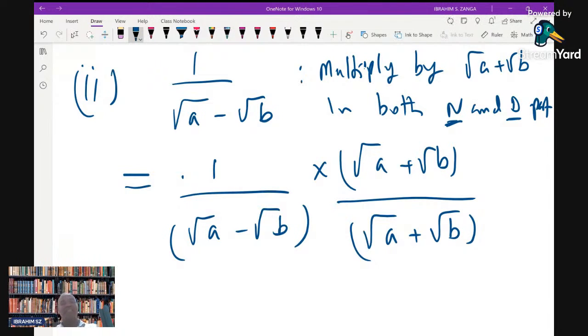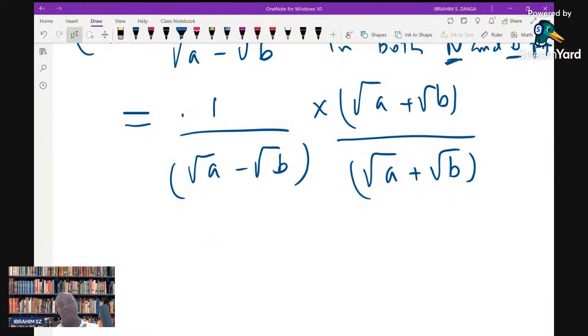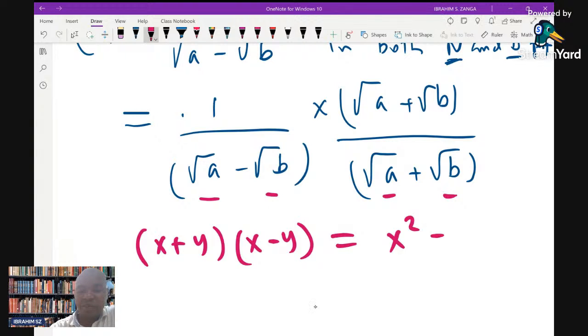Ukishafanya multiplication hiyo, kinachobaki ni kusimplify tu. Sasa to simplify denominator, unaweza ukaziona hizi zina the same trend. It's the same as having actually x plus y times x minus y. This one here is the same as x squared minus y squared, kama hivyo.